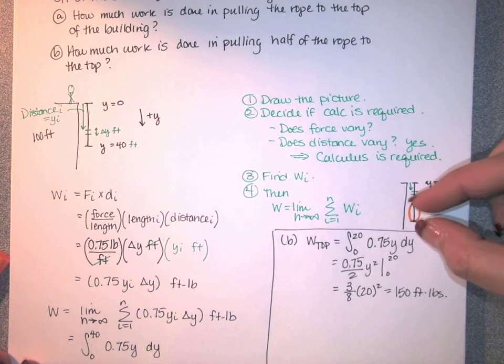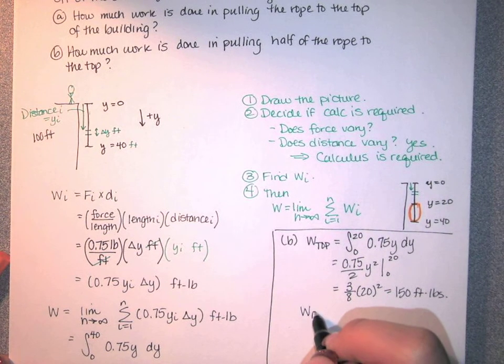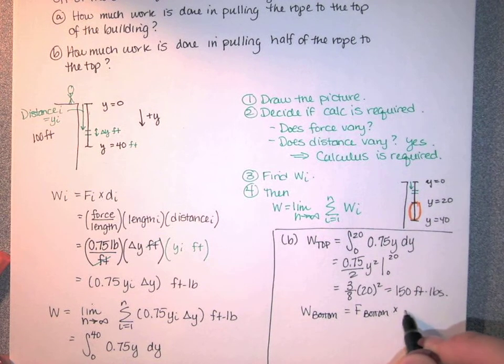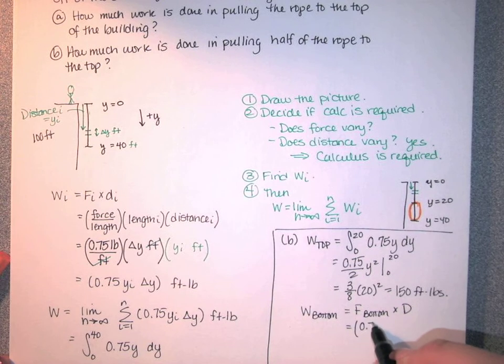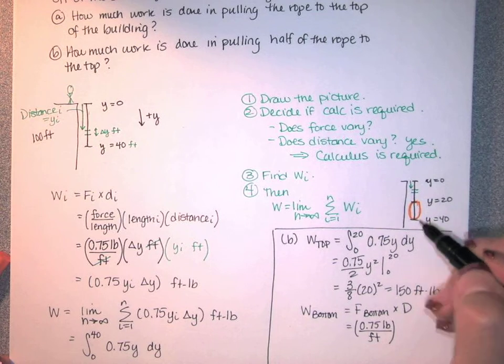So I don't think calculus is required here. I think work for the bottom piece is just the force acting on that bottom piece times the distance that that bottom piece moves through. And the force acting on the bottom piece is still that 0.75 pounds per foot times the number of feet on that bottom piece.